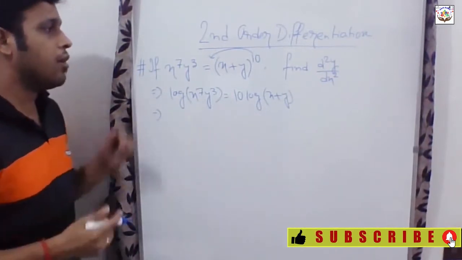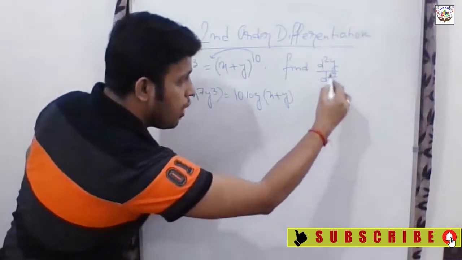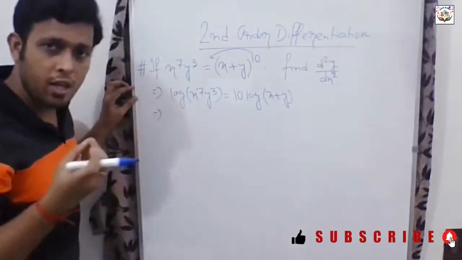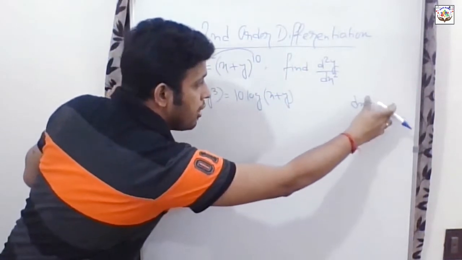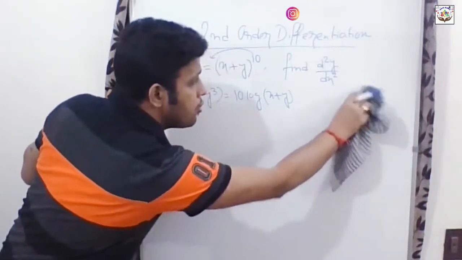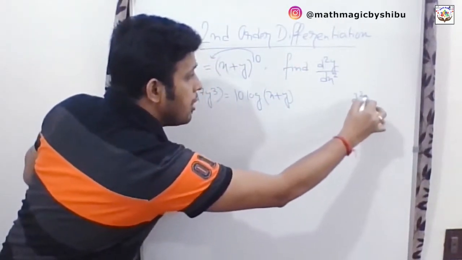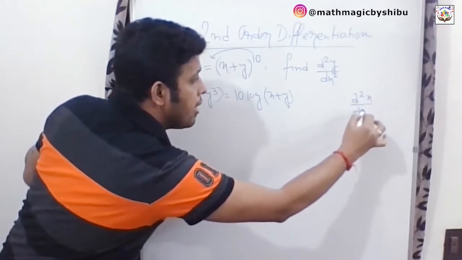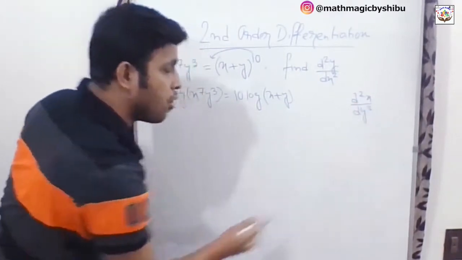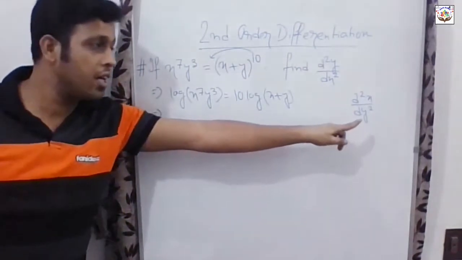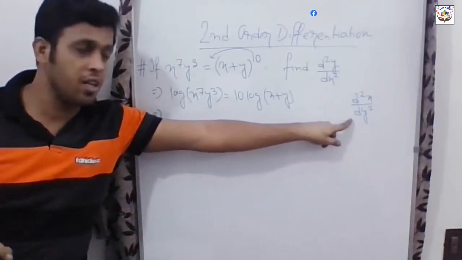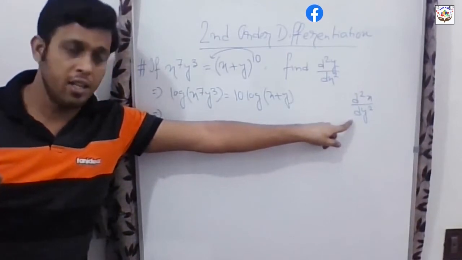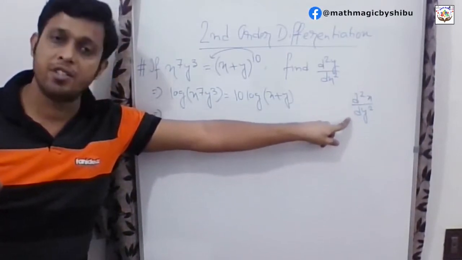Like I meant to say, d2y by dx square is a second order differentiation, and d2x by dy square is also a second order differentiation, but this is when it is asked to differentiate a function with respect to y, then it will be the second order differentiation.